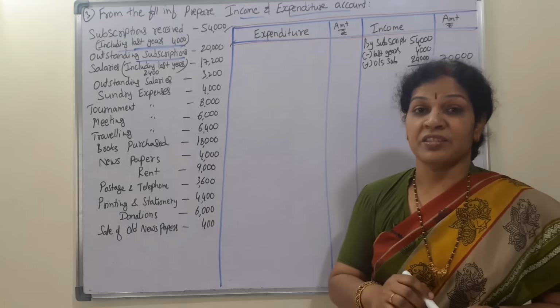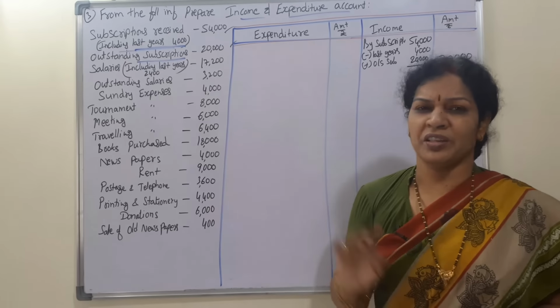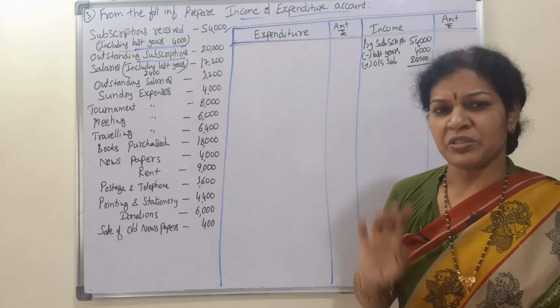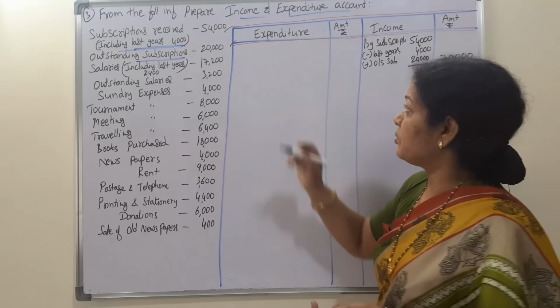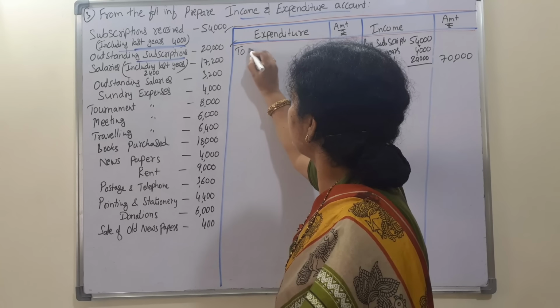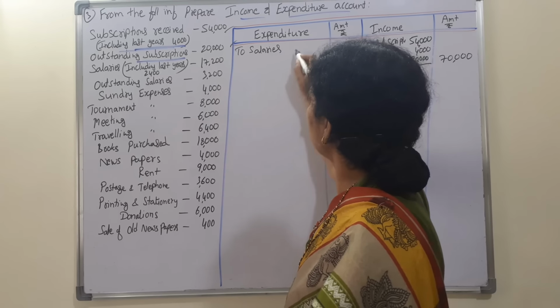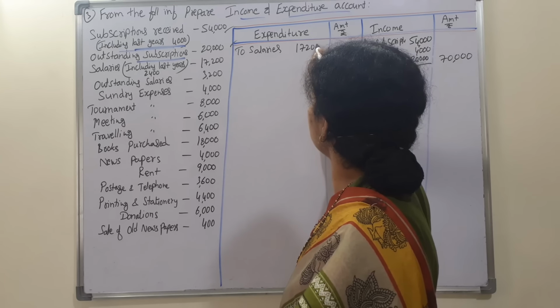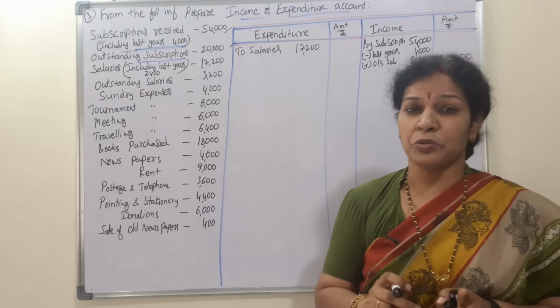Next one, salaries. Salaries also have adjustments, including last year's and outstanding, just like this. First we'll write salaries, which means expenses. All expenses go on the debit side. Amount 17,200, including last year's. Last year's, do we want?